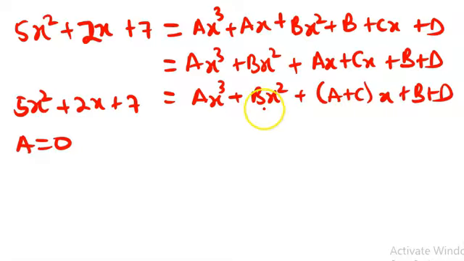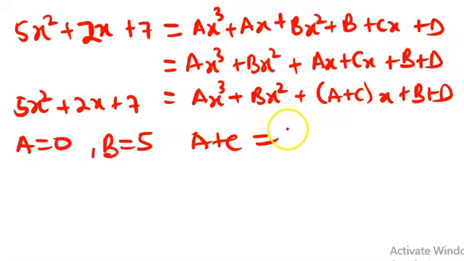Let's come to x squared. We have bx squared on the right hand side and 5x squared, so when we compare these two, we realize that b will be equal to 5. And then let's compare the term in x. The term in x is 2x, and on the right it is a plus c, so a plus c is equal to 2.